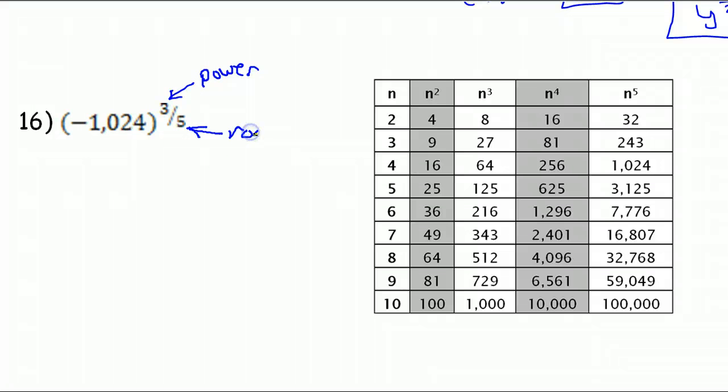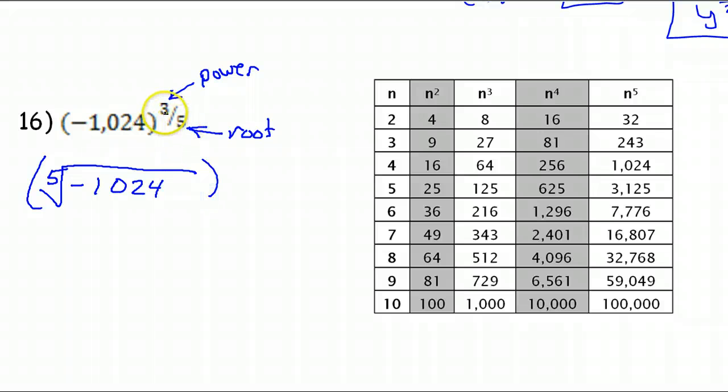And this 5 is the root, as in the 5th root. So I'm going to have to do the 5th root, like I said, of negative 1024. And then all of that will have to be raised to the 3rd power, like so.